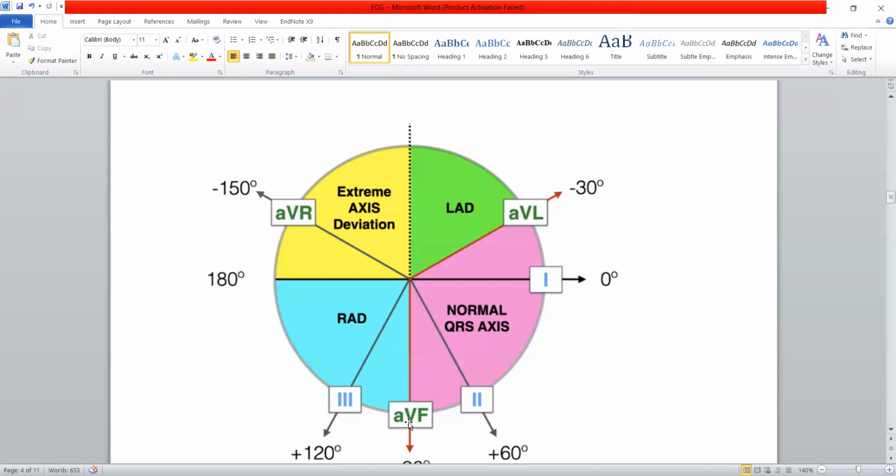If the current flows towards a lead, it will produce a positive QRS complex. And if the depolarizing current flows away from the lead, then it will produce a negative QRS complex.